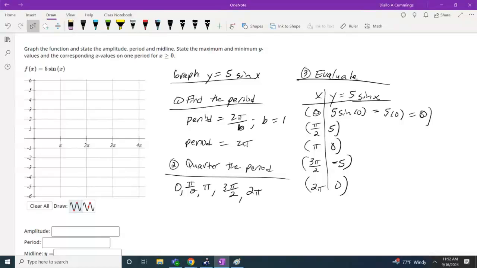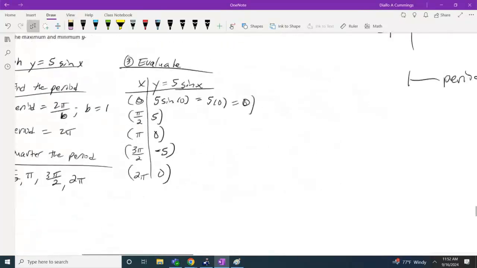All right, so it's similar to the first couple problems. We're going to sketch it out.